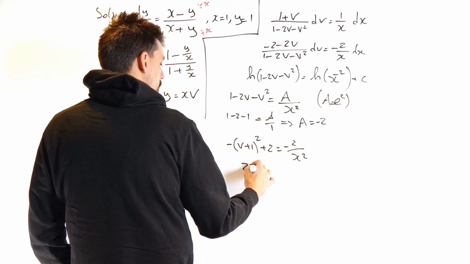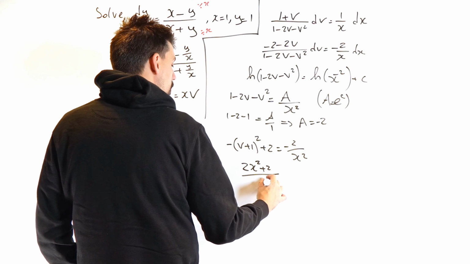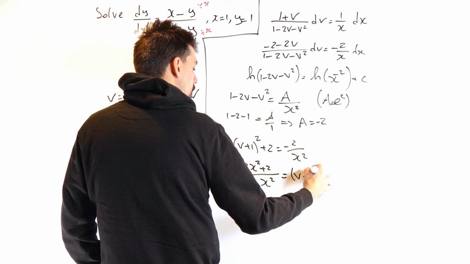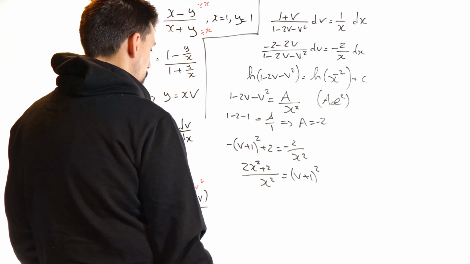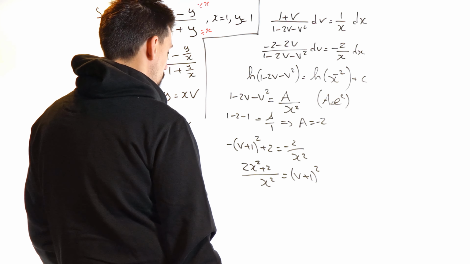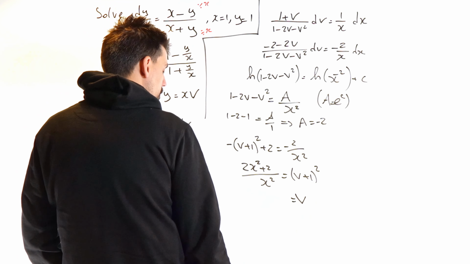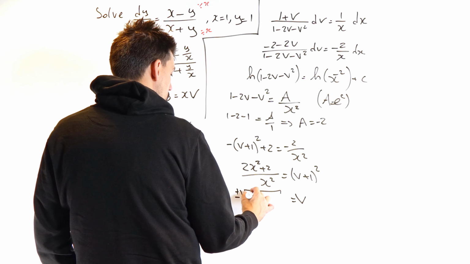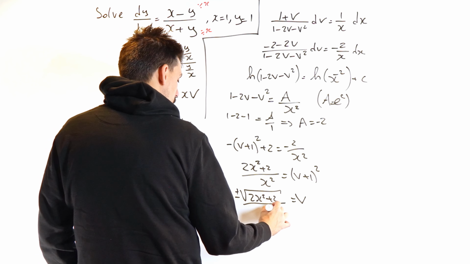So really what we're going to say is that 2x squared plus 2 over x squared is equal to v plus 1 squared. v is plus or minus the square root of 2x squared plus 2 over x, minus 1.